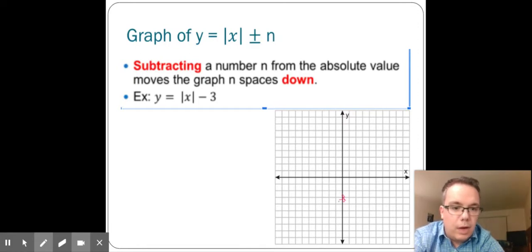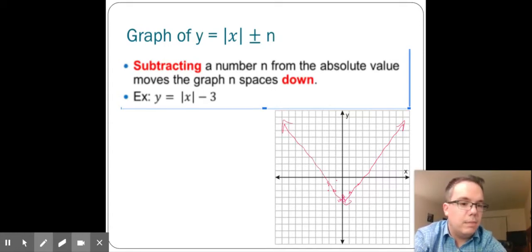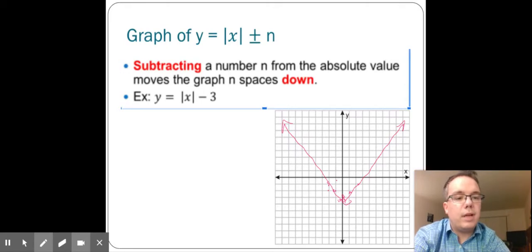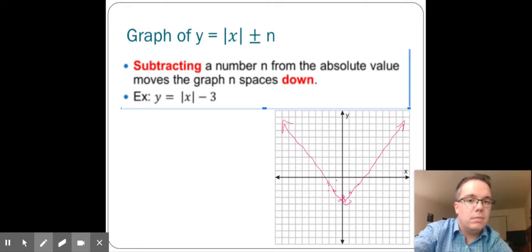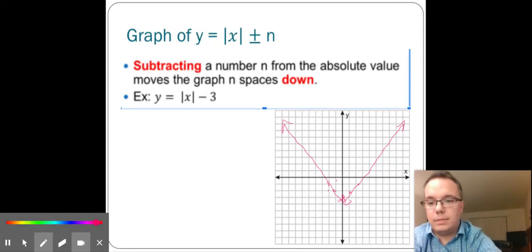Then we go up 1 over 1 in each direction, and we get a V that has been moved down 3. So adding or subtracting a number outside the absolute value: adding moves it up, subtracting moves it down.